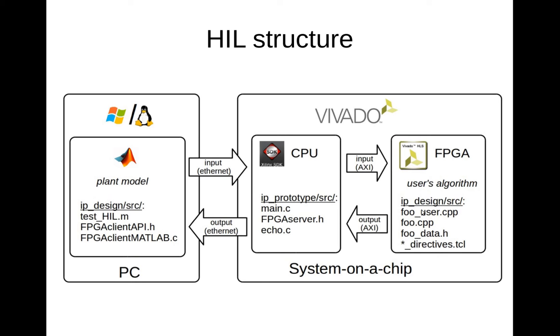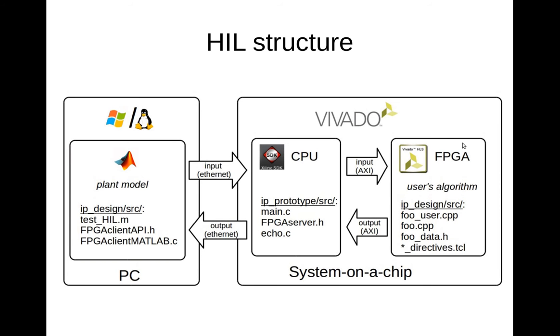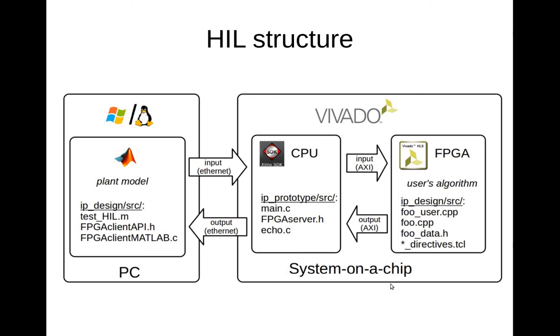the fooUser.cpp file. So we have modified this file, and then we called the IP prototype build command in order to build this Vivado HLS project. The IP prototype build command incorporated the whole system on a chip.